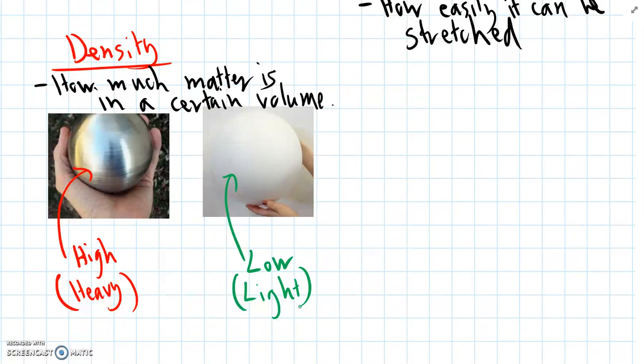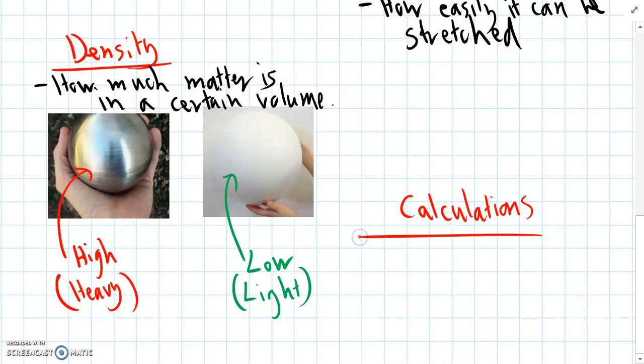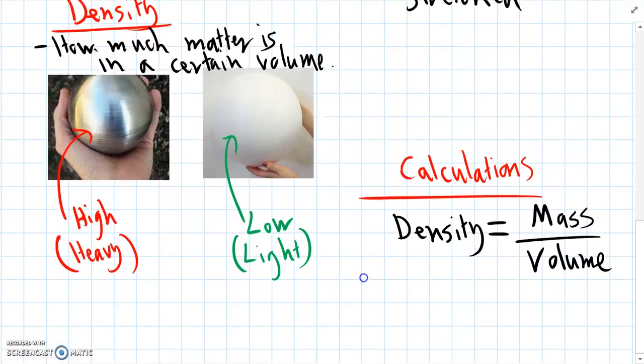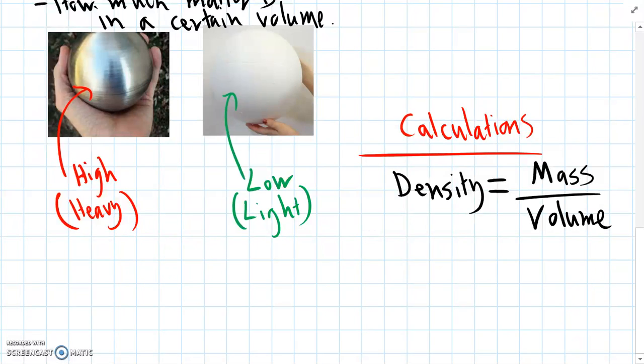When we're working with density, this is where we can start doing some calculations. Because density is measuring how much mass is there for every volume, which is like a rate. So we can use the most common formula here for density, because we can work out the mass and we can divide it by the volume. Because density is measured in how much mass per how much volume.